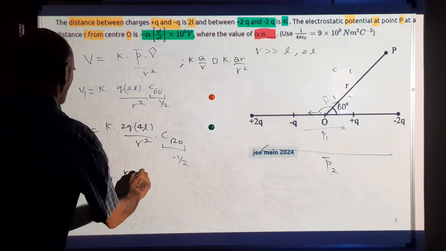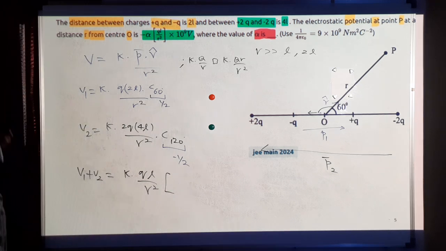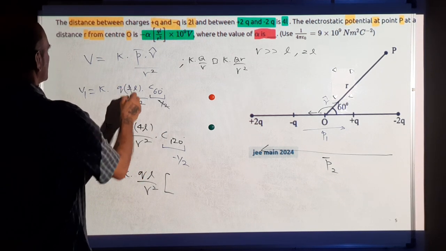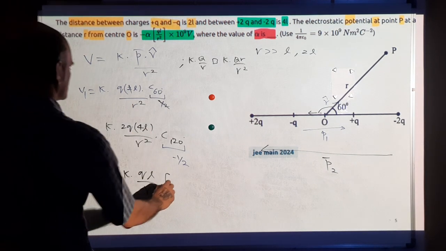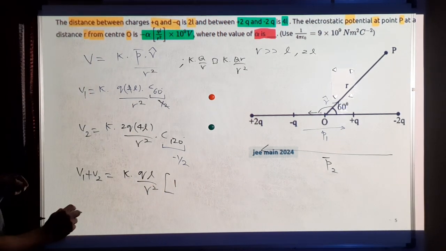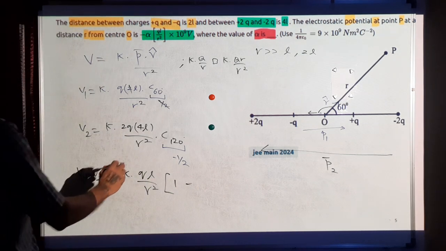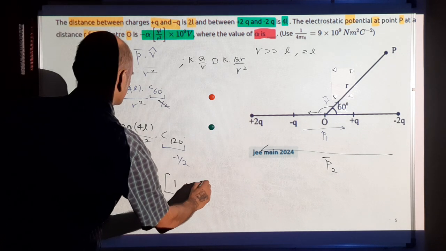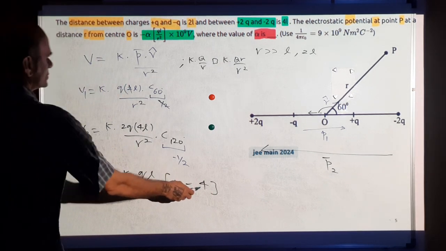So QL by R square. So this half and this 2 will cancel, leaving QL by R square, so it's just 1. And then here it will become minus. This is 4 2s are 8. So 4. 2 into 4 is 8. 8 by 2 is 4.